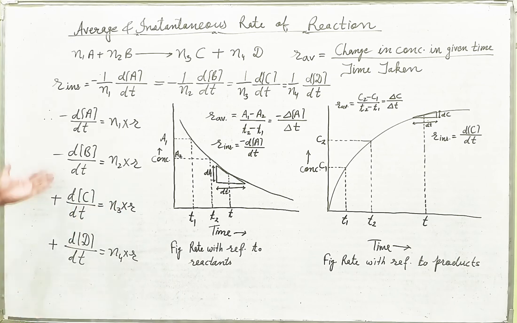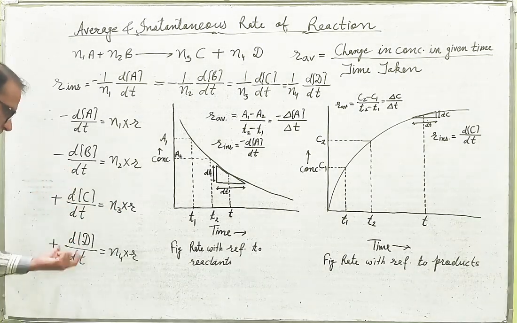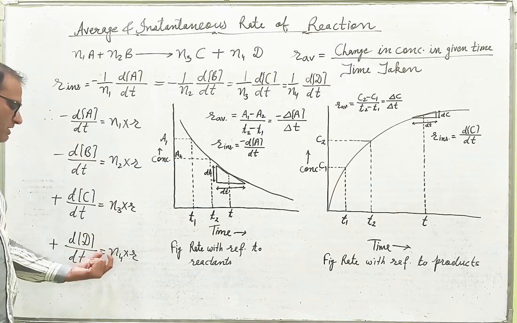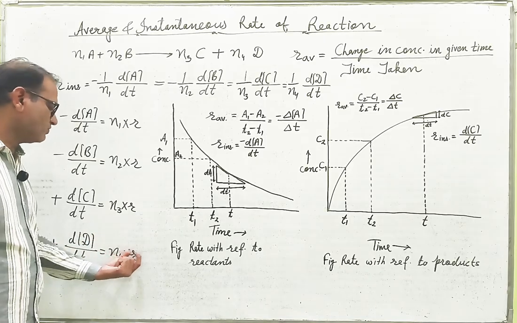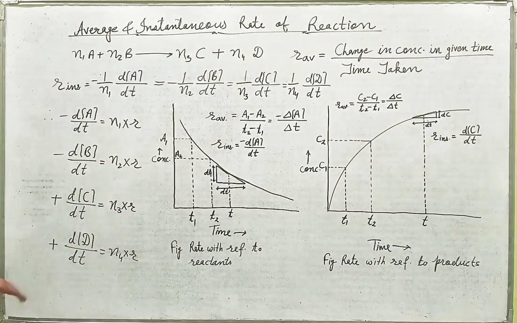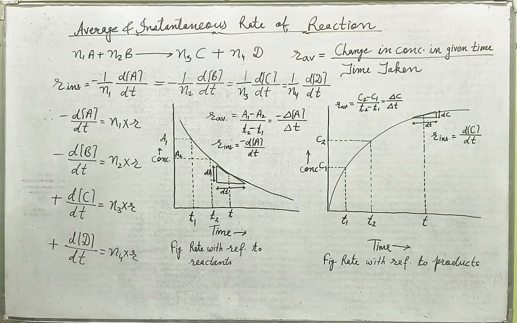Likewise, for appearance of product D, dD upon dt is equal to n4 R. So from this equation we can calculate separately the disappearance rate as well as the appearance rate of a product.